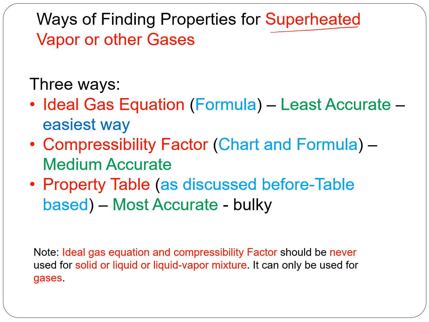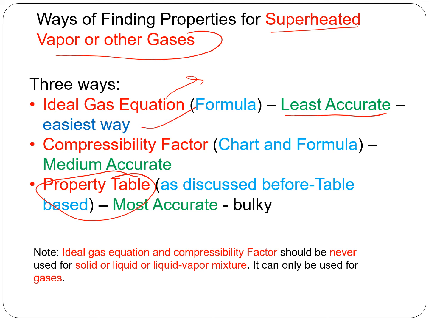For superheated vapor, besides using the property table, there are also other ways by which we can find the properties. One is using the ideal gas equation. This is the least accurate but the easiest way. To compensate for some error, we can also use the compressibility chart, which is medium accurate.